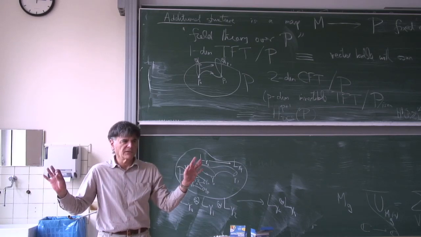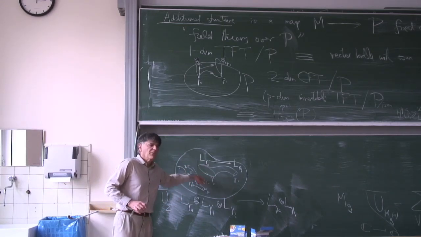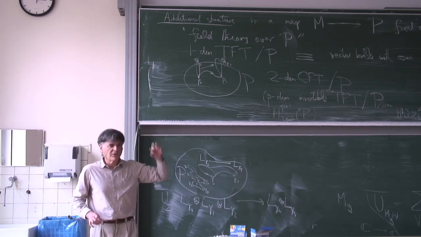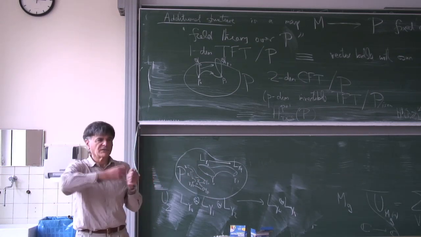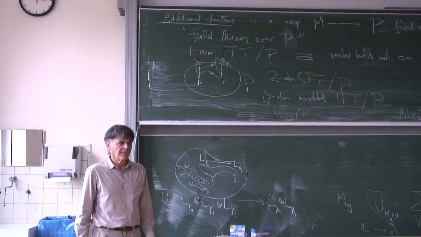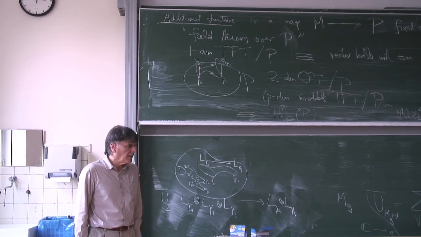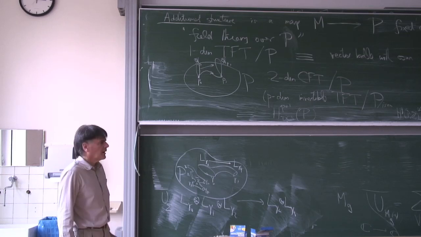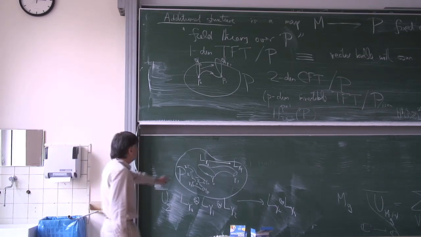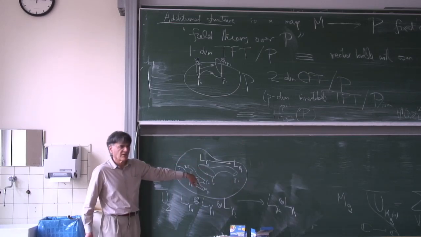invertible topological field theories over P. So no group is mentioned. This will give us, for each (P minus one)-dimensional manifold, a line, and for each cobordism a transport, with obvious compatibilities. No group. If we're doing it in dimension P, this will be a (P minus one)-dimensional manifold.